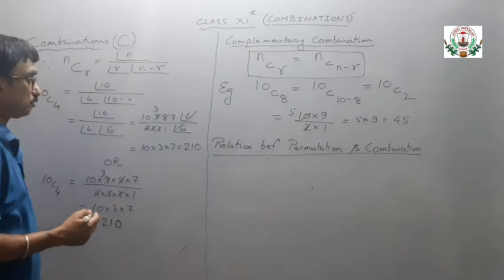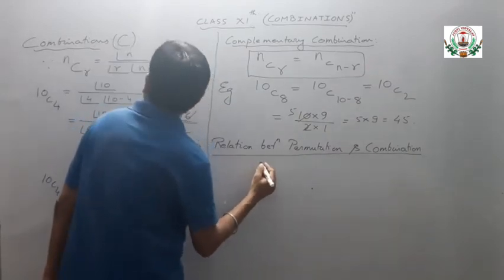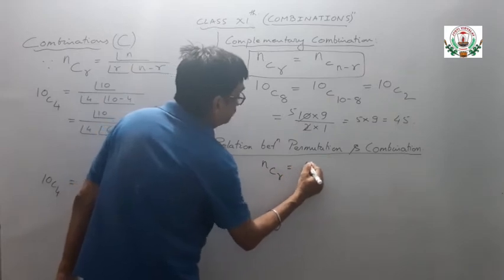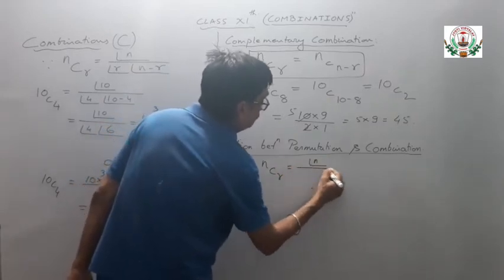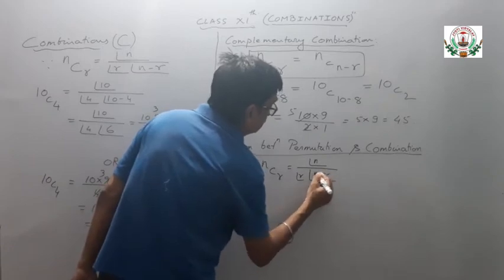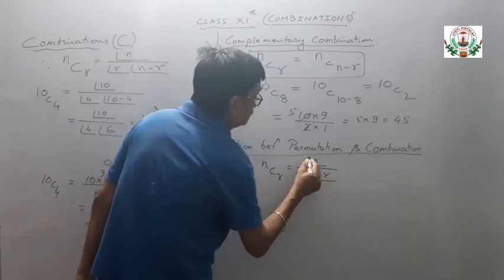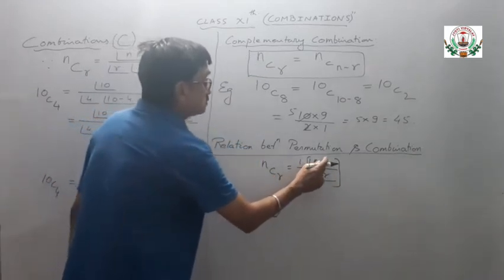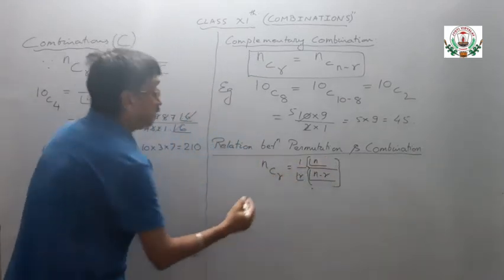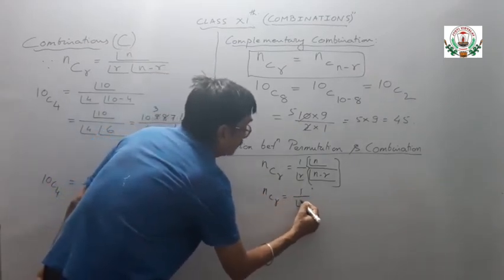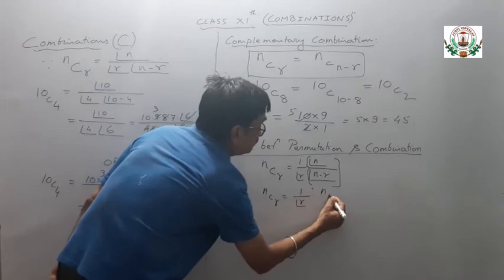The relation between permutation and combination: as we know, nCr is equal to factorial n upon factorial r factorial n minus r. Now you can see that this part is the formula of nPr. So nCr is equal to 1 upon factorial r into nPr.